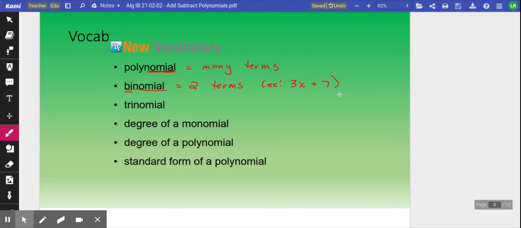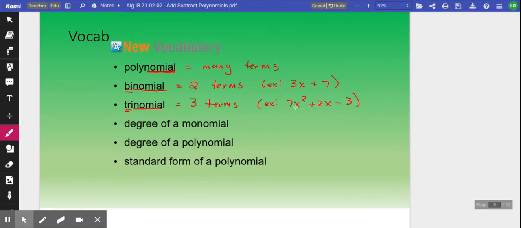A trinomial: a tricycle has 3 wheels, so a trinomial has 3 terms. An example of a trinomial would be something like 7x squared plus 2x minus 3. So we have 3 terms here.